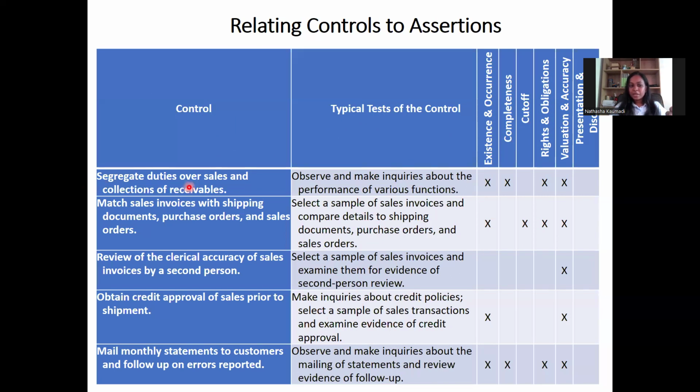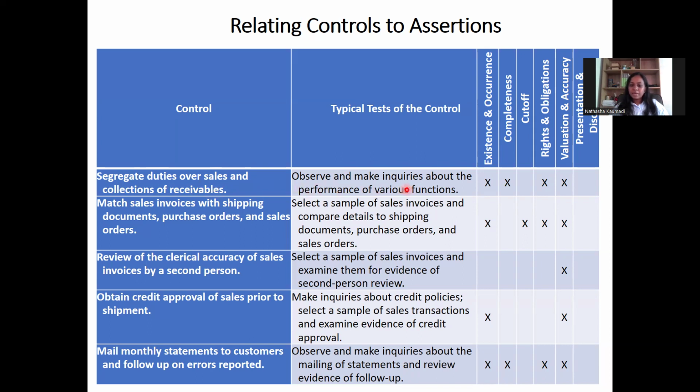Look at the first one. Maybe they have segregation of duties over sales and collection of receivables. One person is handling sales, that person is not doing the collection of receivables, another person is collecting the receivables. Now, what is the test of controls for us to do as the auditor?